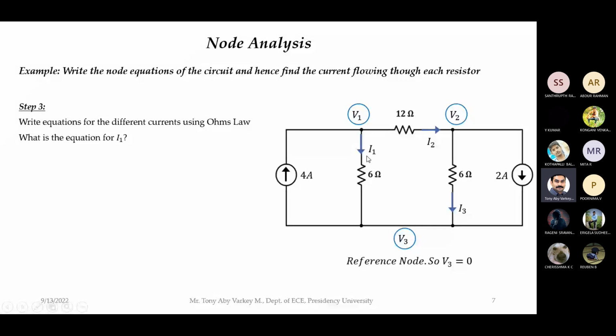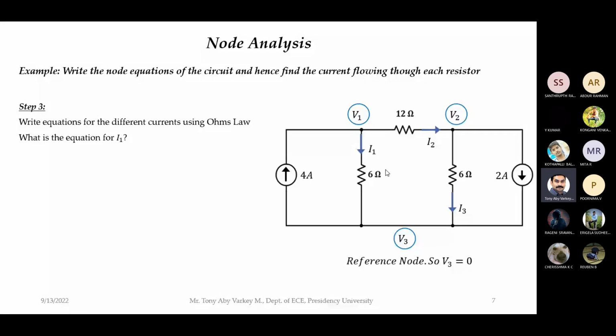What is the voltage at this point? V3, correct. Because here it is V1, here it is V3.